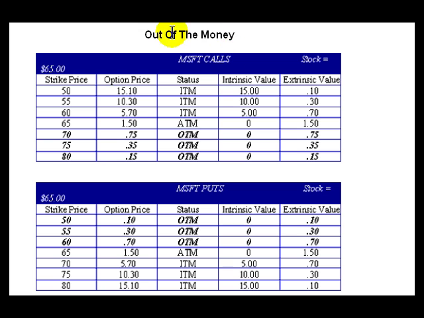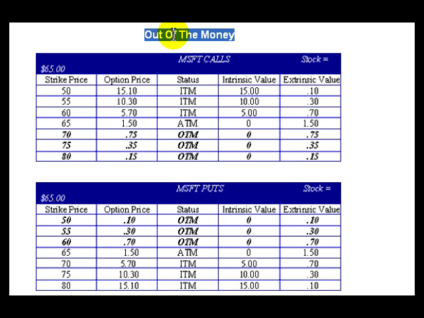So moving on to out of the money. As you would expect, an out of the money call is described as a call whose exercise price or strike price is higher than the present price of the underlying. Thus, an out of the money call option's entire premium consists of only extrinsic value. There is no intrinsic value in an out of the money call, because the option strike price is higher than the current stock price.